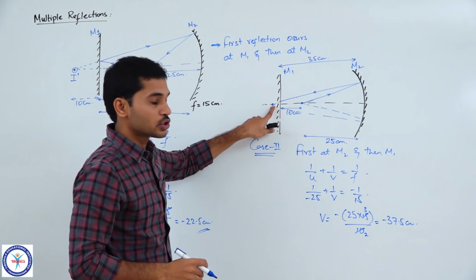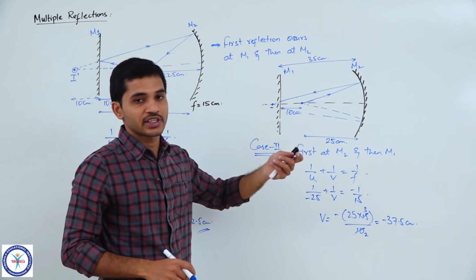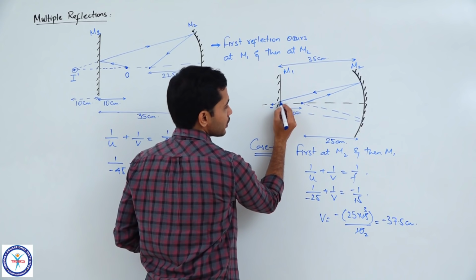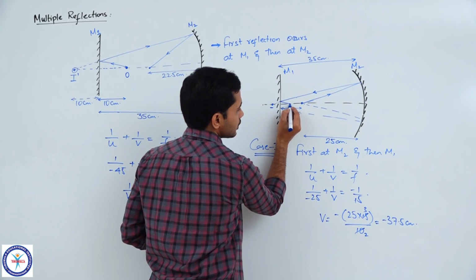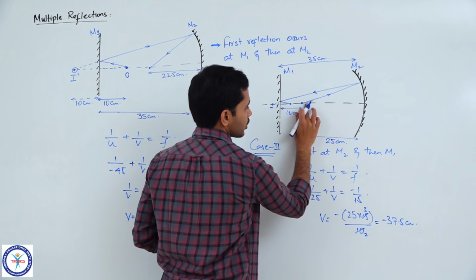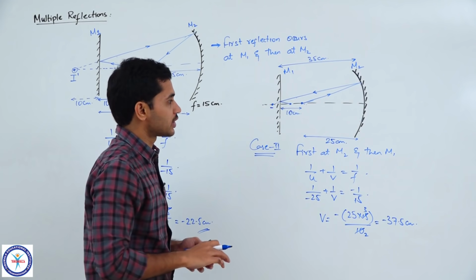So, this virtual object will form an image in front of the mirror which is a real image, which means this light ray will get reflected from the plane mirror and meet somewhere over here. I will erase this, this is not required. That is what happens in this particular scenario.